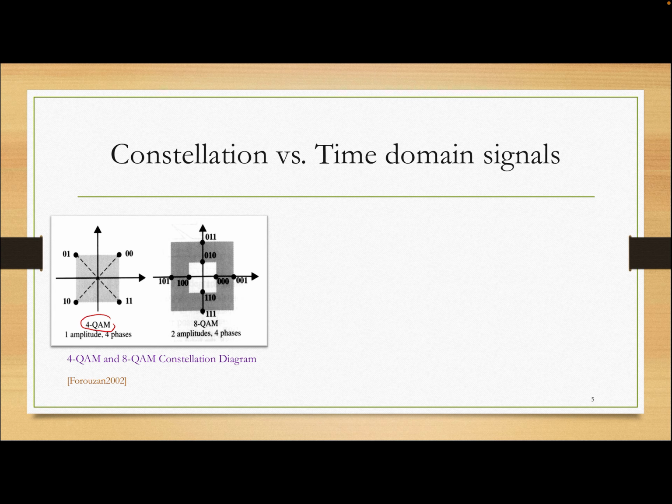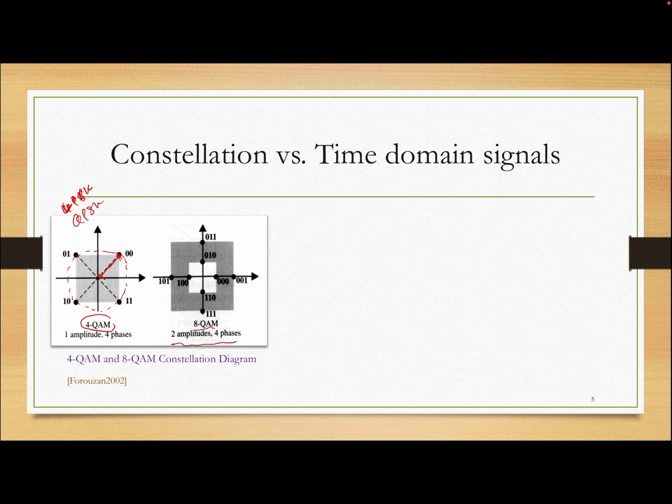Constellation diagrams with the time domain signals. This is the QAM with 1 amplitude. This is actually the same as QPSK or 4PSK, because it has only 1 amplitude, so it's basically the same: the same distance from the origin.